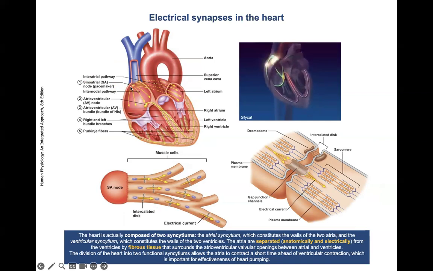Just remember, this is the site where the first action potential is generated in the heart, the sinoatrial node, the SA node. Now, this signal needs to be transmitted almost instantaneously to millions of cells. This is where we need the electrical synapses. Remember always, instantaneous signal transmission requires electrical synapses.